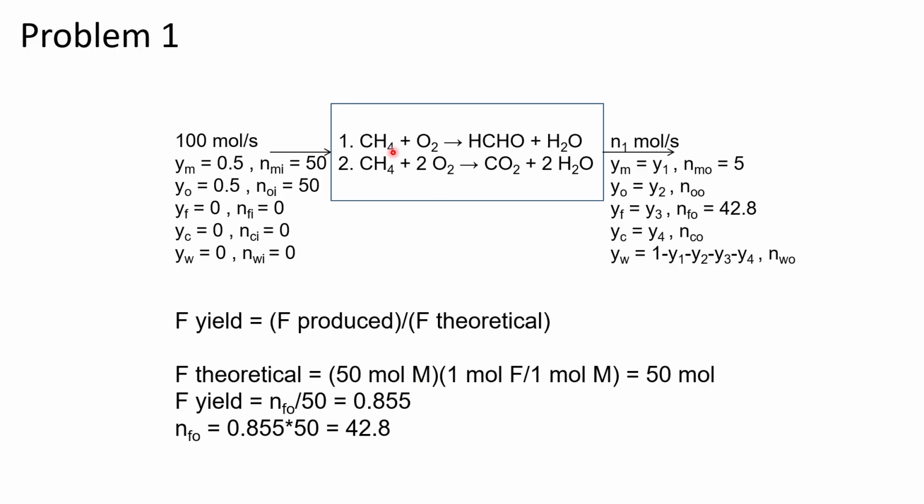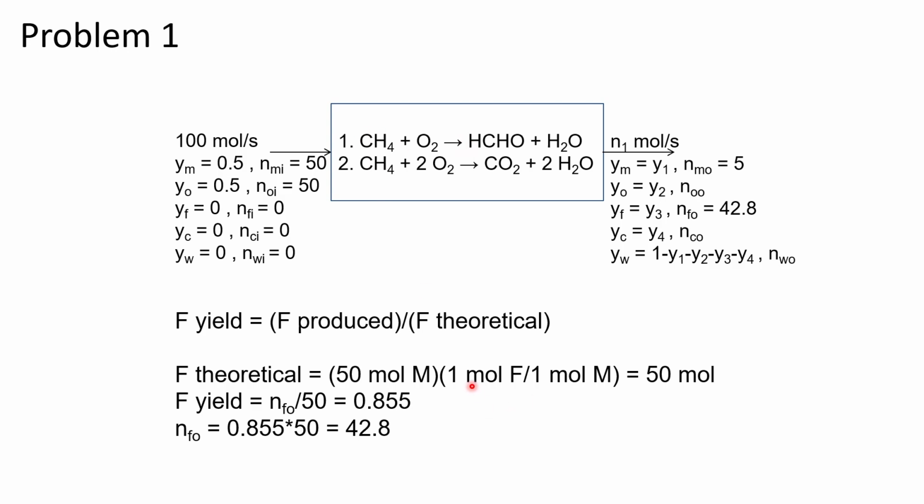Actually, if you look at just this reaction here for the production of formaldehyde, the two are in a stoichiometric ratio. So what we're going to use for the calculation of the theoretical amount of formaldehyde produced is the flow rate of the methane coming in, because what we really want to do is convert all that methane to formaldehyde. So we have 50 moles of methane coming in. If we were to convert all that to formaldehyde, according to the stoichiometry of this reaction, we get 1 molecule of formaldehyde per molecule of methane.